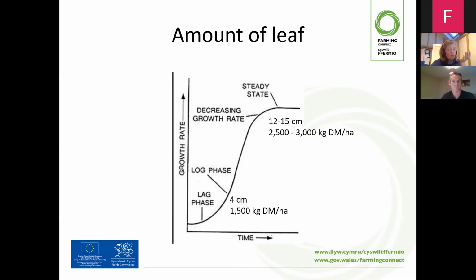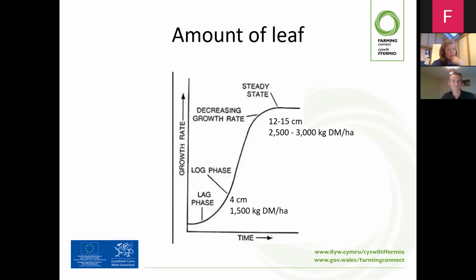Rotational grazing systems work so well because we tend to always be working between 4 centimetres and up to about 12 to 15, depending on your pre-graze cover target. That's why rotational grazing really drives grass growth: you're always working in this really rapid phase of grass growth.